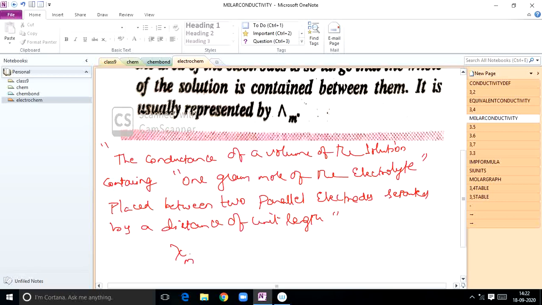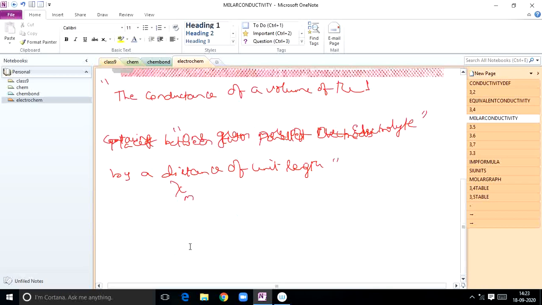So it is denoted by lambda m, or in another way we can represent one more statement.